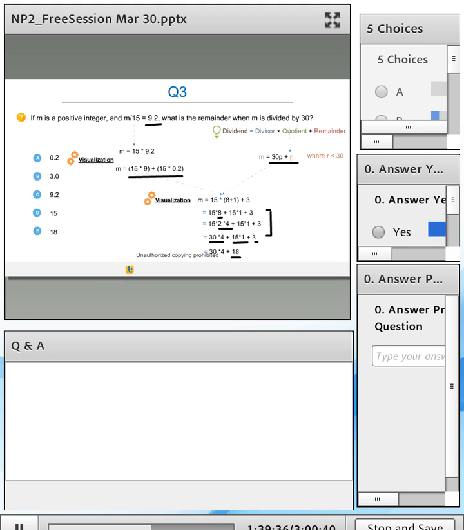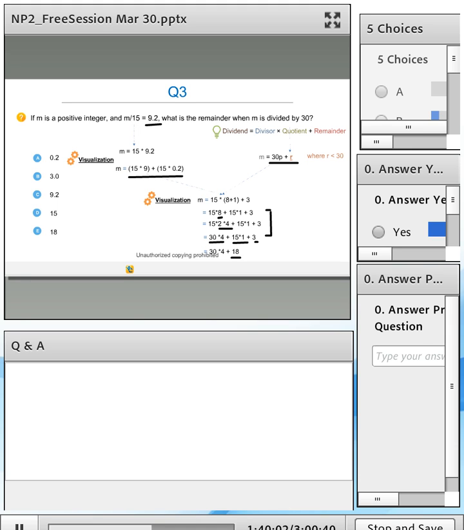I see a question: can you please show a question where 15 into 9.2 doesn't work? That's not a valid question. You have to understand the point of why we are doing this. I'm not giving you a scalable method that's going to apply to all questions of this kind. I'm giving you a skill.